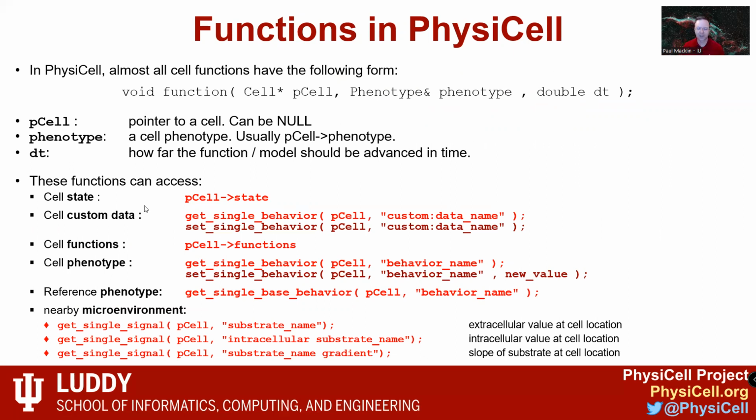The functions can access pretty much anything in the cell. You can get the cell state, things like the mechanics, pressure, and neighbor list from PhysiCell state, the pointer state. You can access custom data using the dictionary. So you can do a get single cell behavior, put in the cell pointer, and then custom colon and the name of your custom data variable. Or you can set it.